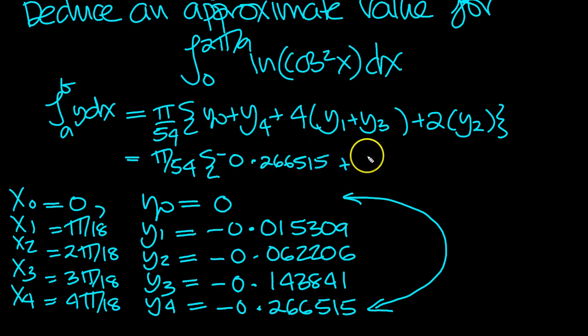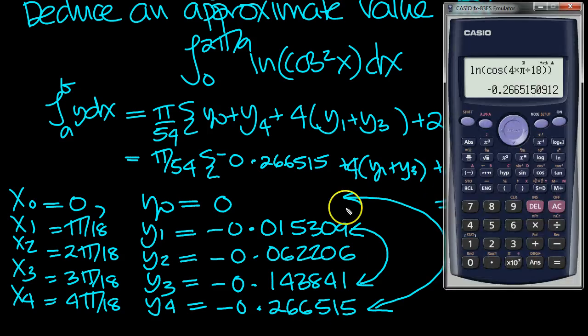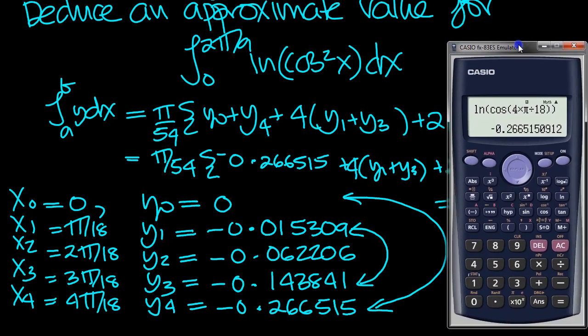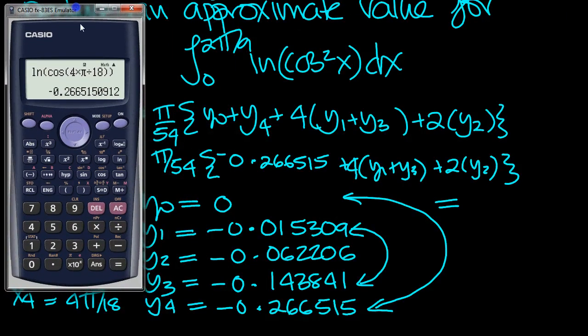Then 4 times y1 plus y3, and then plus 2 y2. So let's work out the numbers and put them all in our calculator now. We'll put it over here, so it's out of the way.